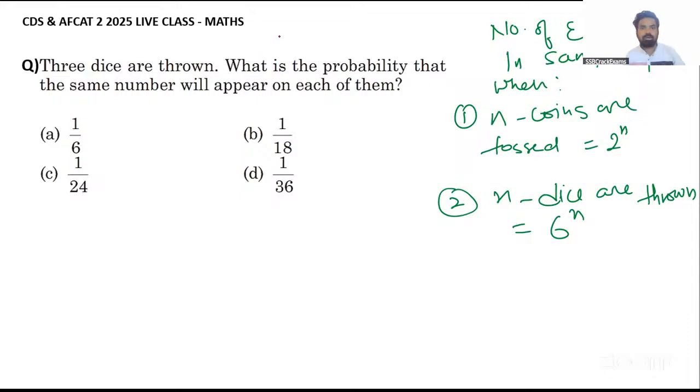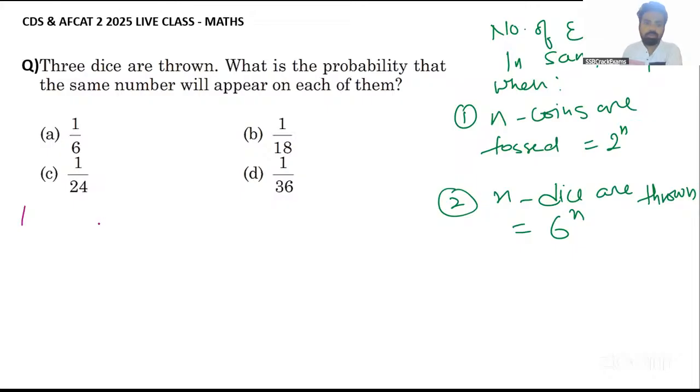3 dice are thrown. What is the probability that the same number will appear on each of them? We need to find the probability that the same number will appear on each of them. So dice are 3, so it can be the same number on each of the dice.